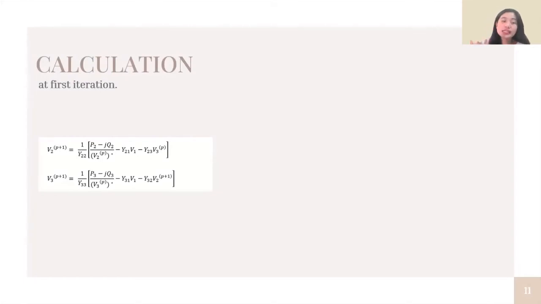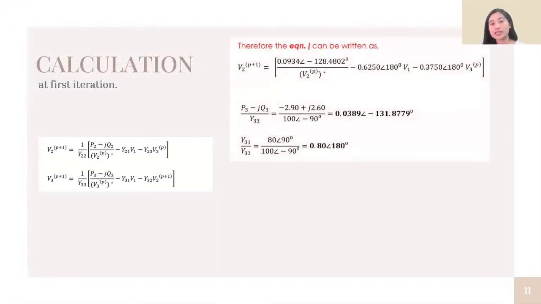So, nilagay ko na dito yung formula because yun yung ifa-follow natin, yun lang din naka-flash kanina. So, as for our equation 1, substitution lang. Sabi natin kanina, kaya nawala na dito yung 1 over y sub 22 because dinivide na natin all by y sub 22. So, now we are just going to input our values.